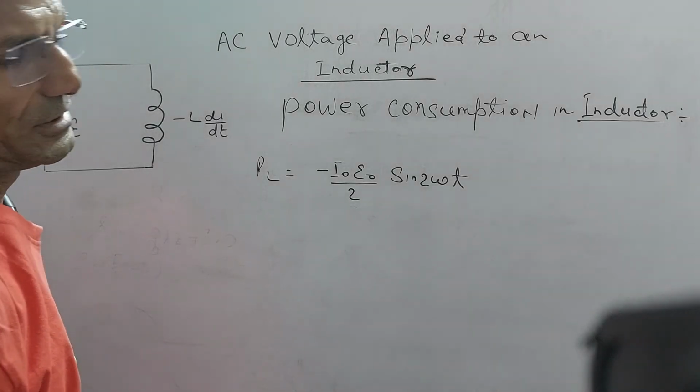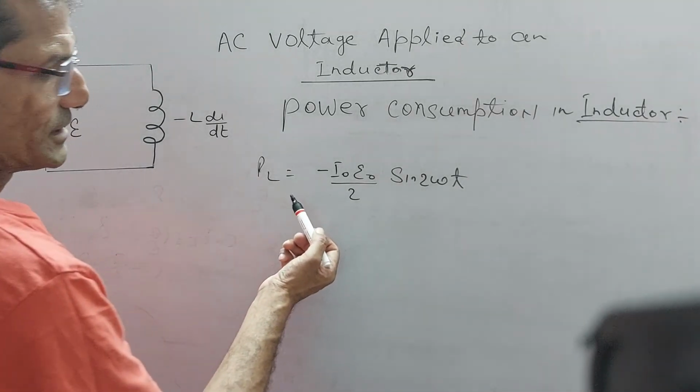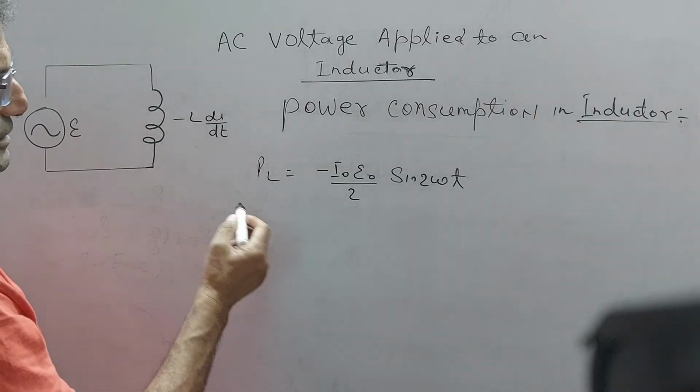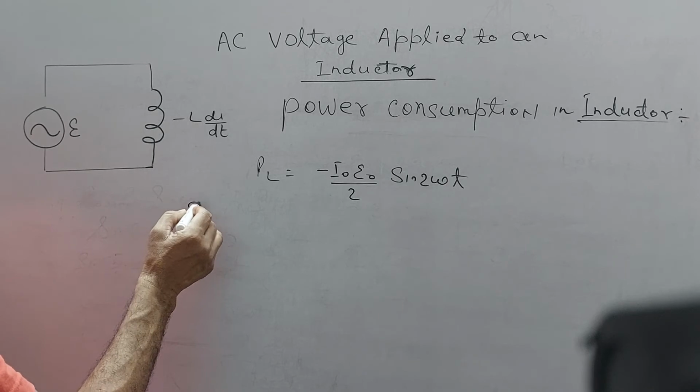I would like to explain this again. This is the instantaneous power loss, the power consumed across this inductor. So we have to find the average value.